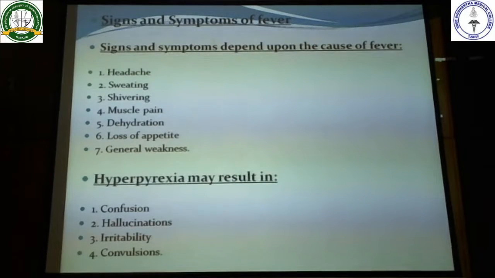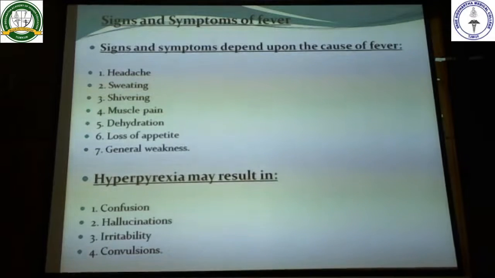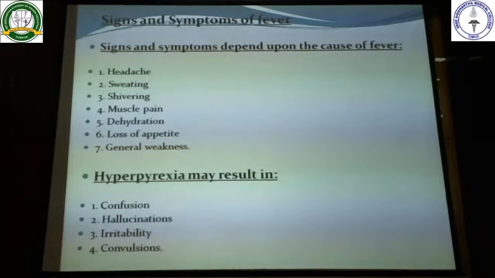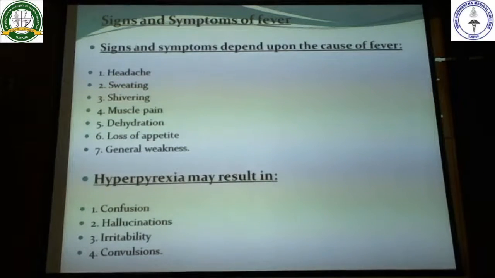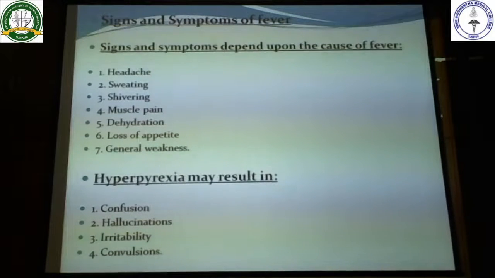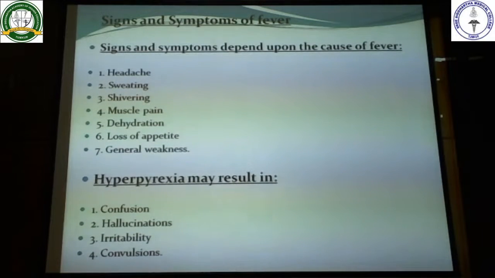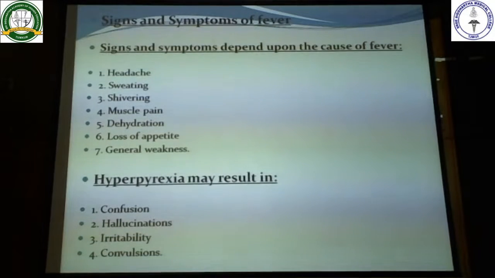Coming to the signs and symptoms of fever, again it depends upon the cause of the fever. Various signs and symptoms: headache, sweating, shivering, myalgia (muscle pain), and then there is dehydration because of loss of heat from the body, because of production of excess sweat. So water and electrolytes are lost, and the person ends up in dehydration.